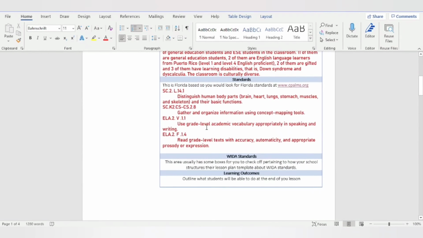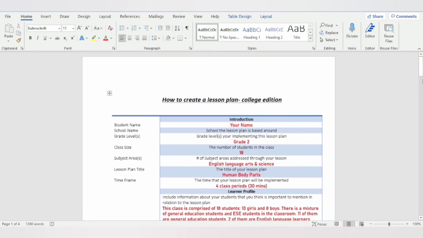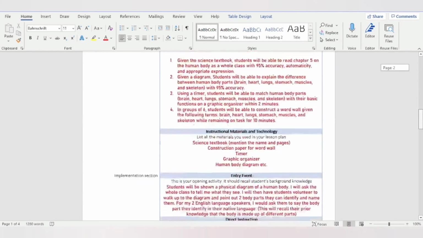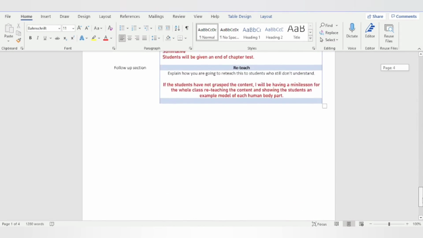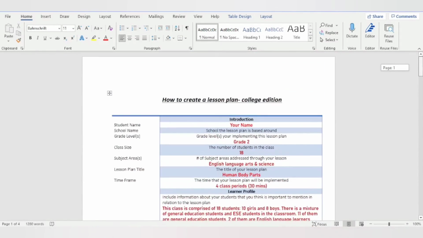Also, I ensured that my standards were related to each other, so it made my lesson plan flow. And yes, basically I just made everything correlate. So when you're writing a lesson plan, everything has to correlate with each other, basically.